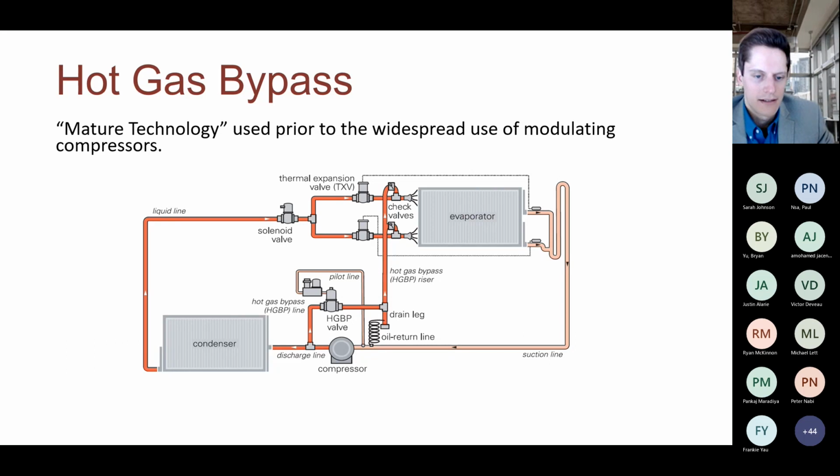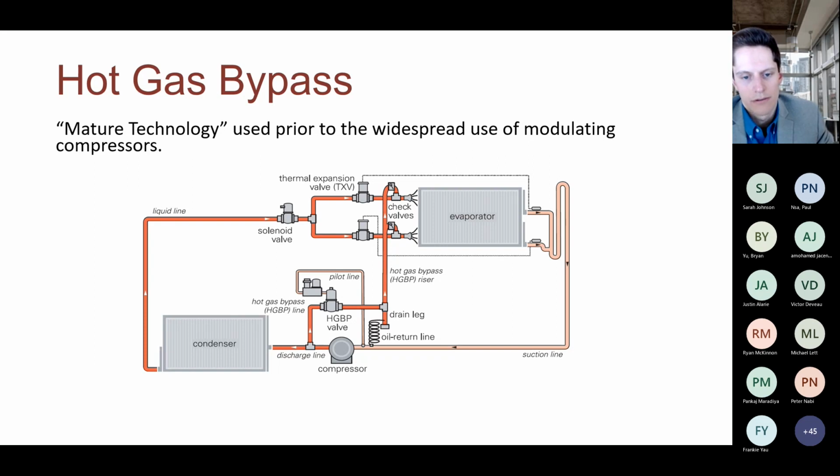And by and large, this technology has fallen to the wayside due to the rise of the modulating compressor. So we rarely will see this, and it's again sort of an antiquated technology. There's another bypass that gets thrown around, and that would be evaporator coil bypass.